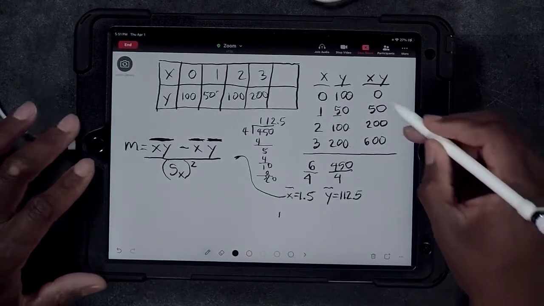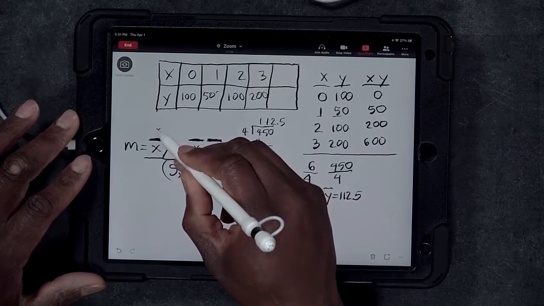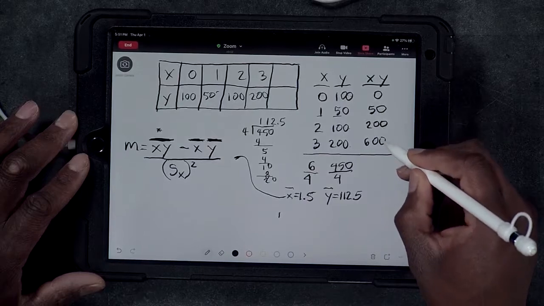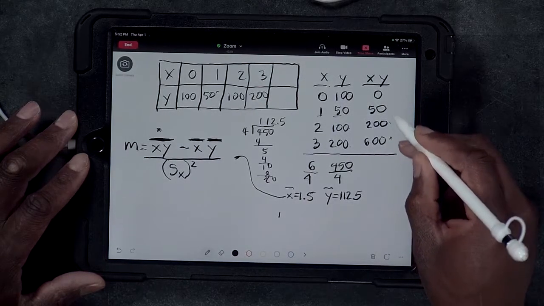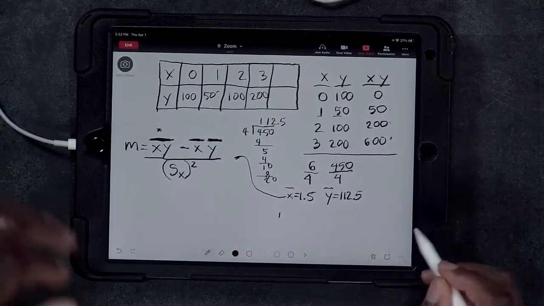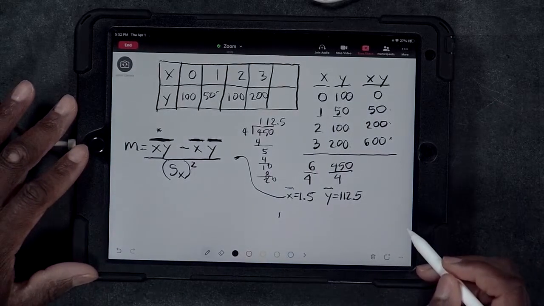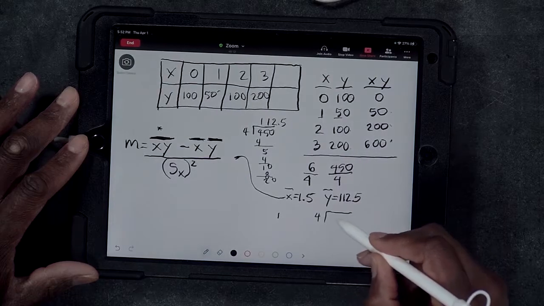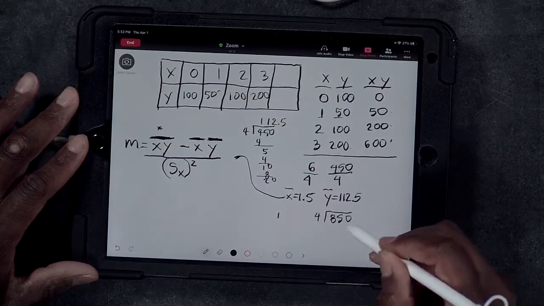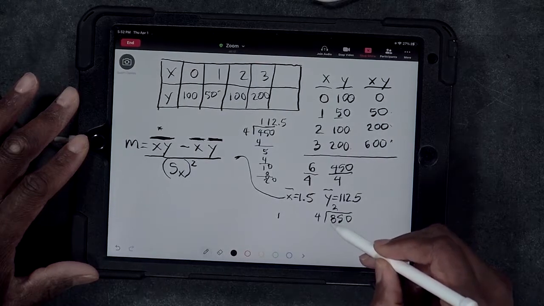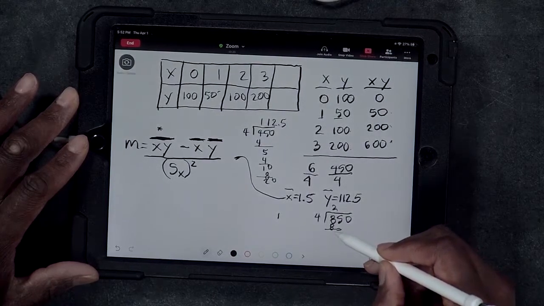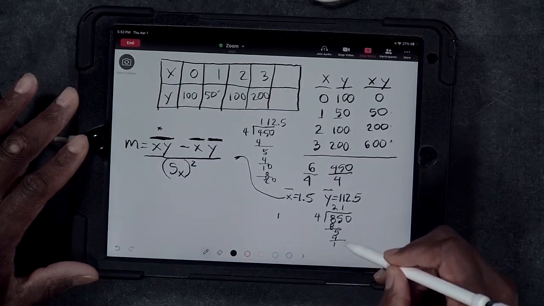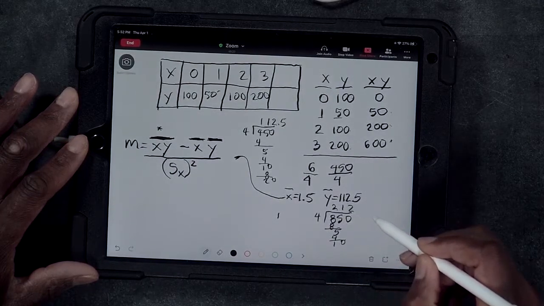All right. So how about xy bar right here? We need xy bar. Let's find the average of xy's. That's 800 plus 50 is 850. Let's divide that 850 by 4 the old-fashioned way. I didn't bring my calculator today. Next time I'll bring it. So it goes in twice, 8. It goes in one time, and you get 2.